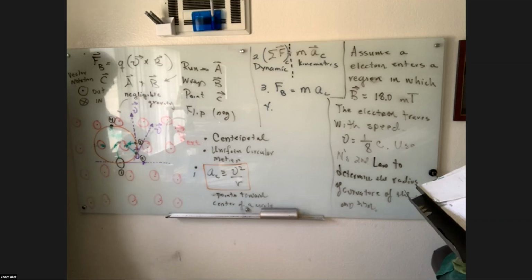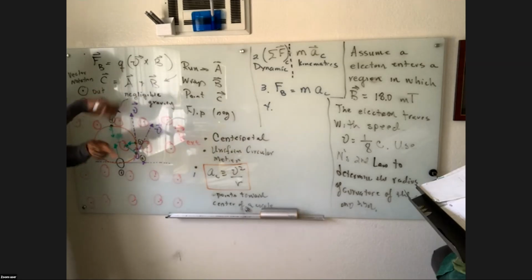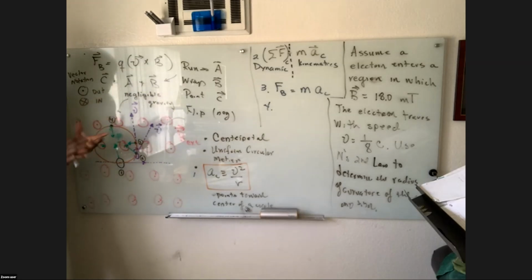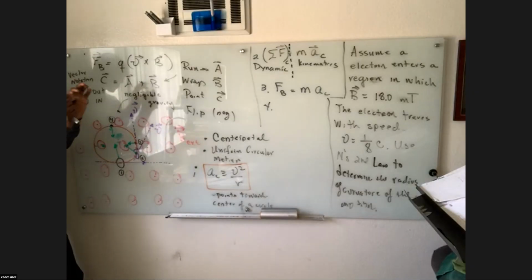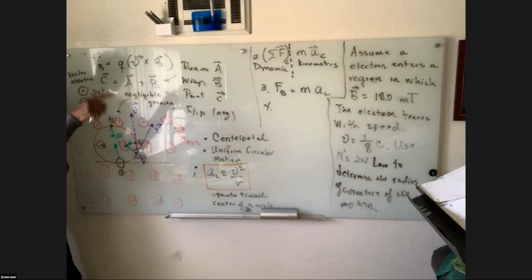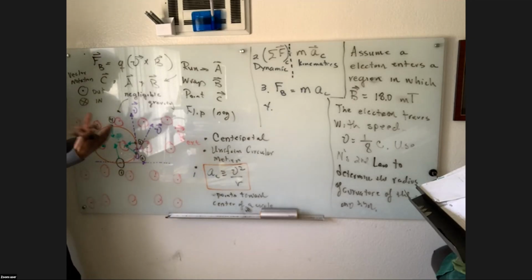You shine a beam of charged particles into a magnetic field, and you can see these spinning motions with a microscope or a camera, measure the radii of the cyclotron orbits, and work backwards to get the mass of the particle.